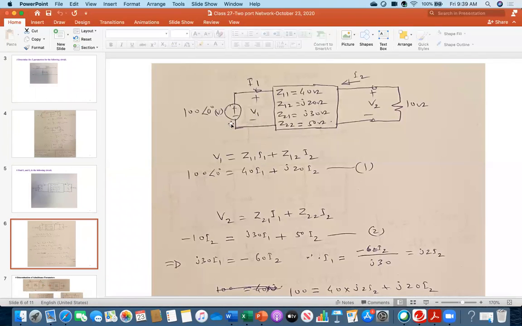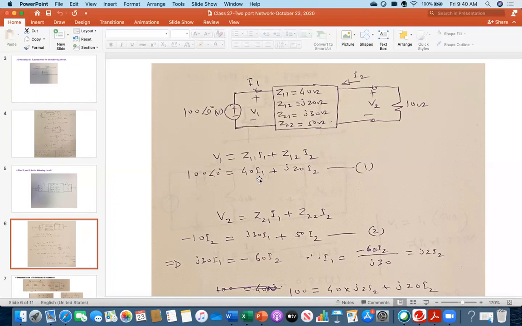Then plug in those values. V1 is 100 at 0 degrees. G11 is 40, which is given, times I1. G12 is j20, written in impedance format, times I2. So this is my first equation.